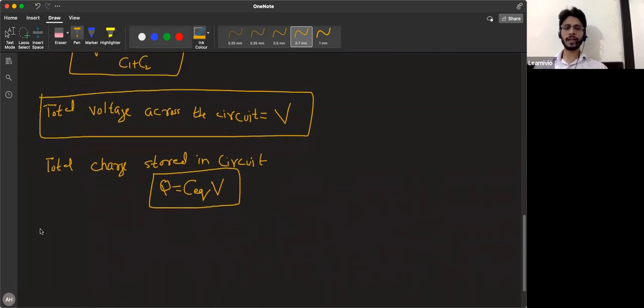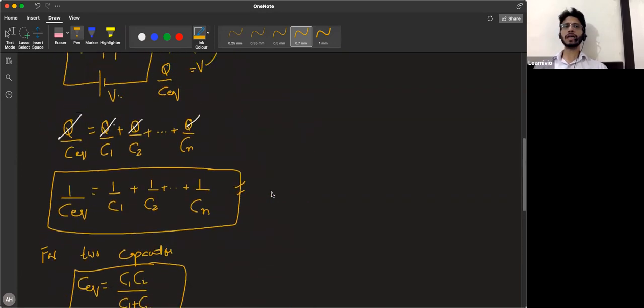After total charge, I need the charge stored in each capacitor. In each capacitor, the charge stored is the same.